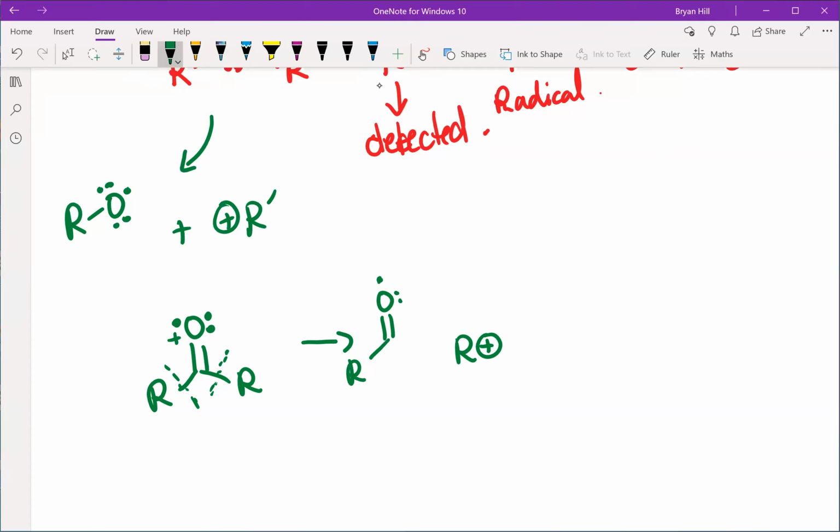Let's do it in 2 steps. Put the 2 electrons there, and then move those ones over there because it's got the positive charge. And that's there.